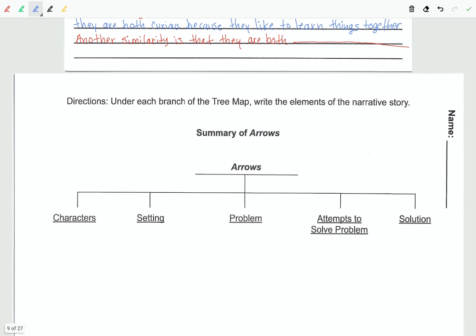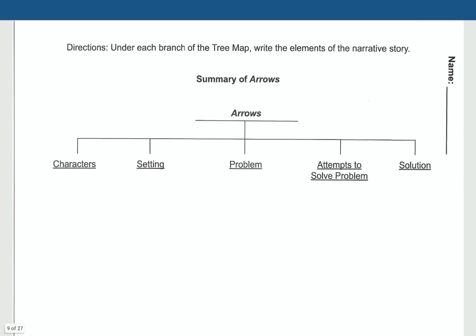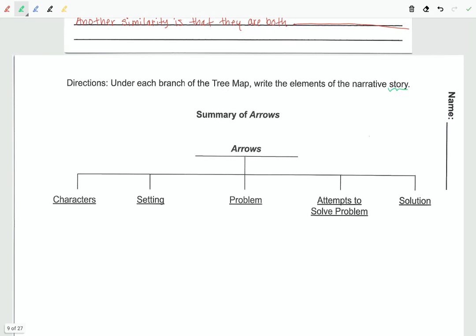But at home, before you begin working on these activities, make sure that you reread or at least skim through the story to remind yourself of the information in it. And then once you reread, you go on to complete these activities, which are very similar to the ones that you've been completing in week 6.